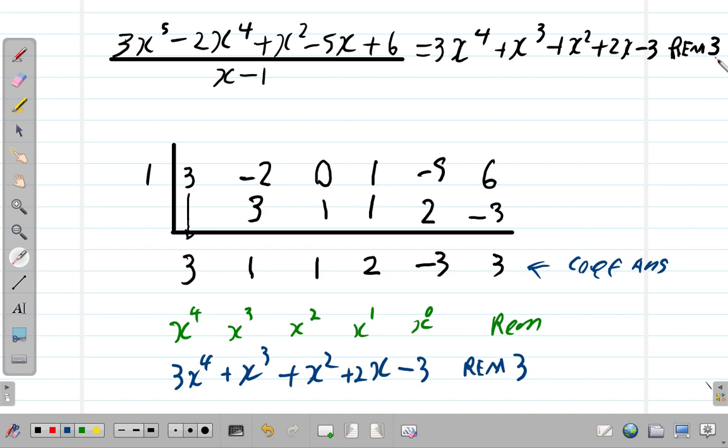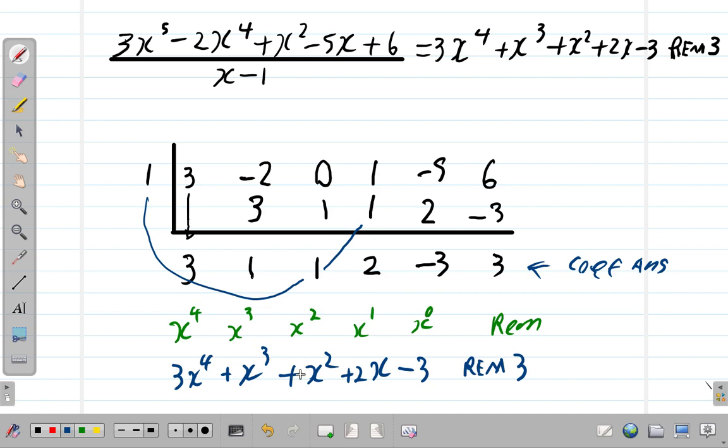So here again, what you have is 1 times 3. You write it here, all right? Add, and you get 1. 1 times 1, you put the answer here. Add 0 and 1, you get 1. 1 times 1 is 1, you put it here.